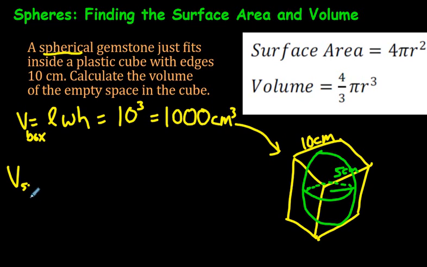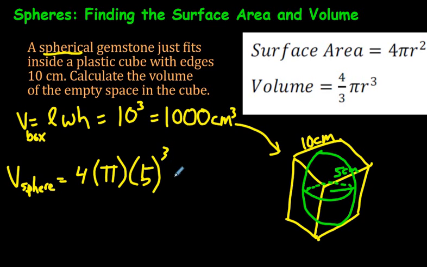As for the volume of the sphere, let's use this formula. 4 times 3.14 times the radius, the radius of 5, I almost wrote 10 by accident, so easy to make a mistake, cubed, and take that and divide by 3.